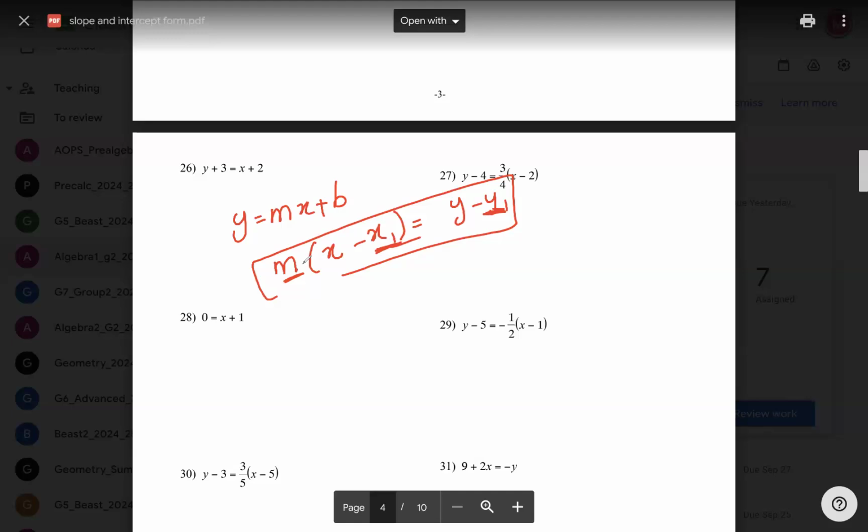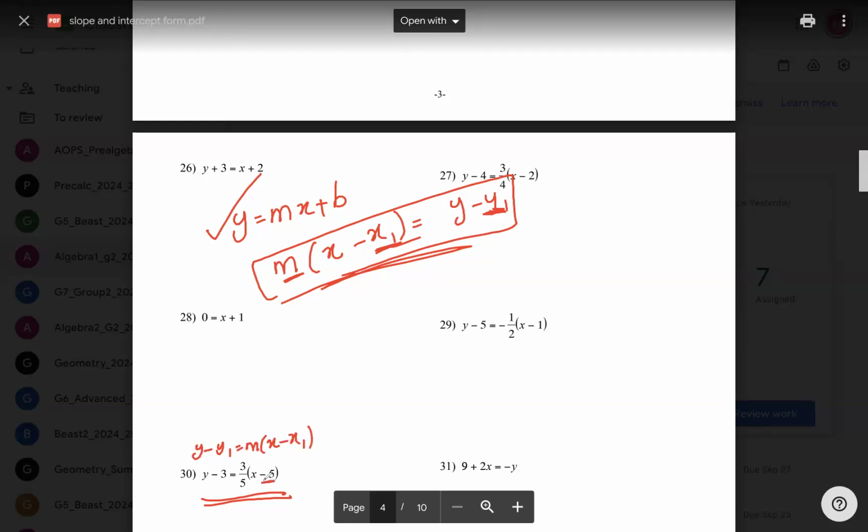Any questions? But all you're trying to do is isolate y, right? Depends. Here you're trying to isolate y. In this form, this is point-slope form: y minus y1 equals m times x minus x1.